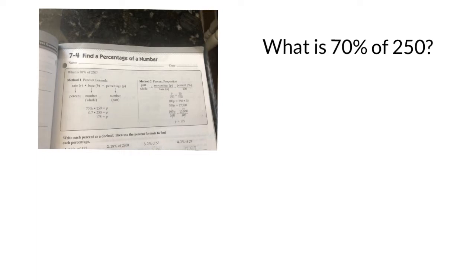First of all, whenever you see the word what, you should be recognizing that that's the unknown. So therefore, that's going to be x. Anytime you see the word is, you should be recognizing that that means equals. And if you think about it, it sort of makes sense, right?